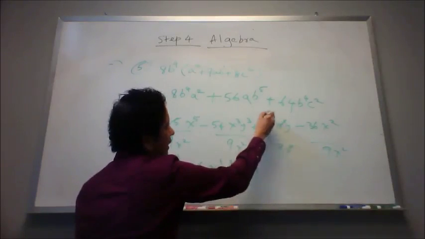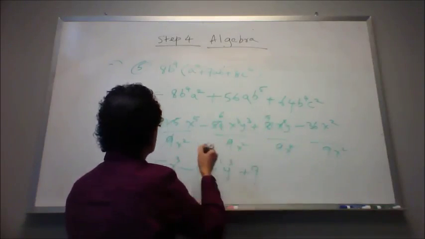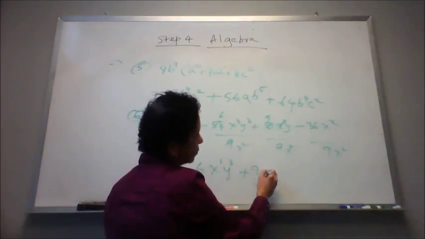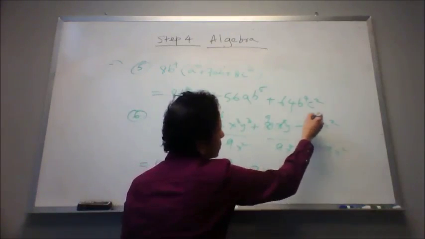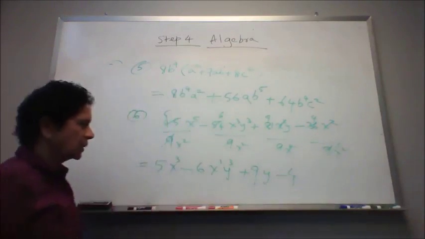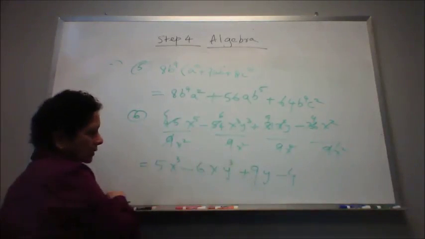So this goes 9 times, this goes 6 times, this went 5 times. So then here, 9 times y, then minus, this goes 4 times, so you have 4, x squared gone, so that's it. You don't write x to the 1, you just write x, okay?